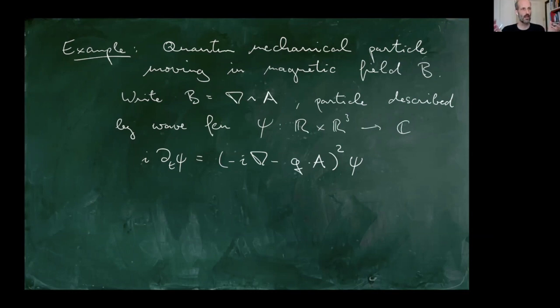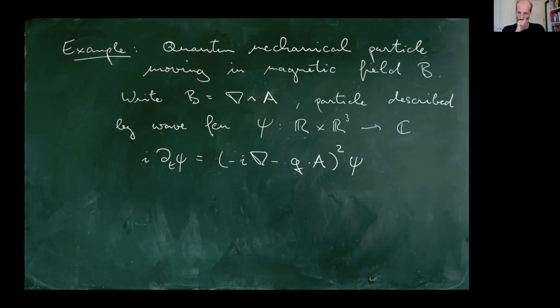If I take a wave function and I just multiply it by e to the i theta for any theta, there's absolutely no way of telling the difference. There's no experiment that you can make which actually tells the difference between the original wave function and the one where you just multiplied everything by e to the i theta for a constant theta.